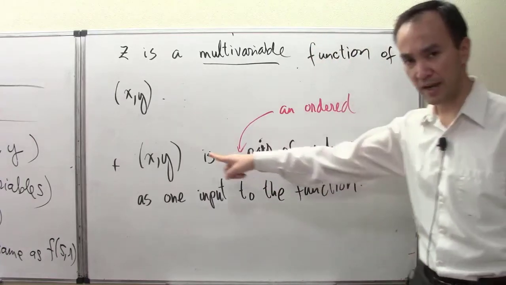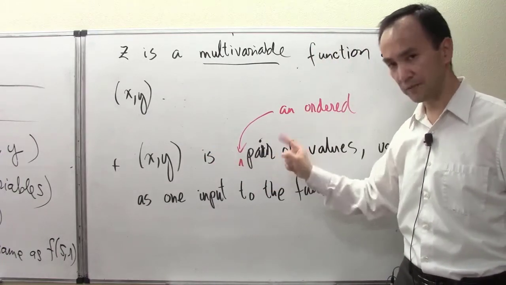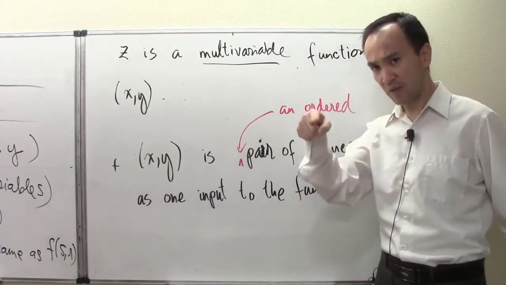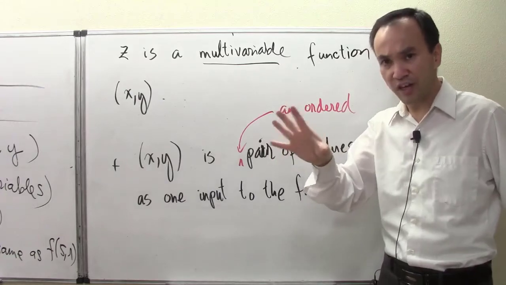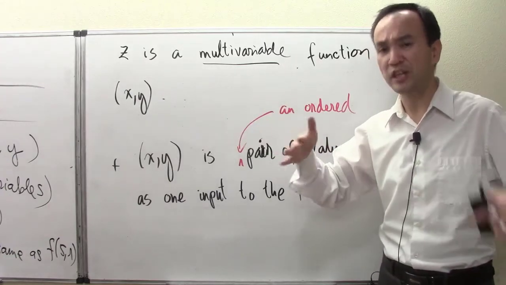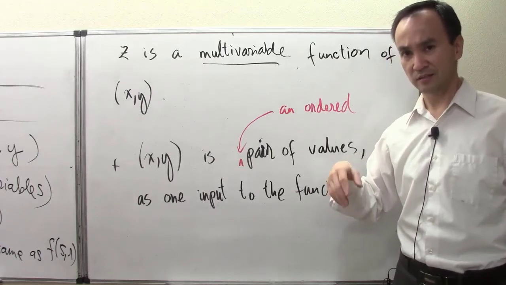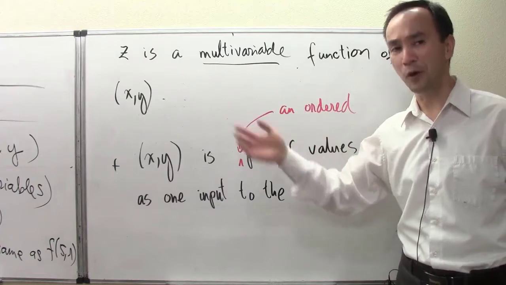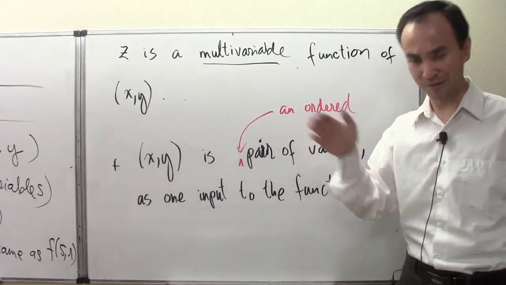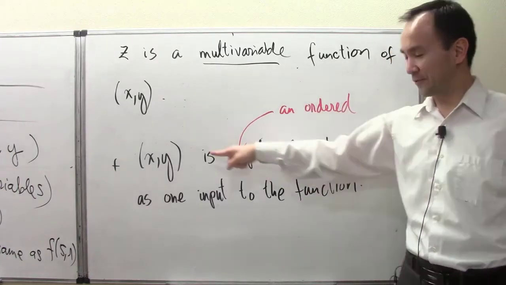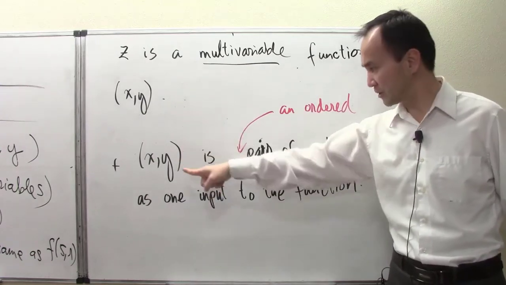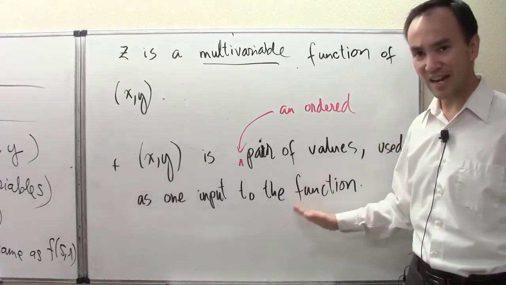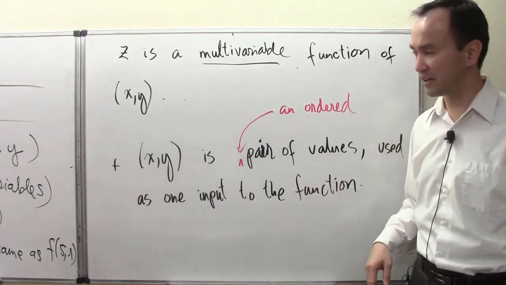So x comma y is an ordered pair, because we give the order x first, then y. Later, if we're working with functions of more than two variables, it's not a pair any longer. It's a triple, or an n-tuple, but it has an order. For the easy case of two variables, x and y is an ordered pair. That's the basic idea of what a multivariable function is.